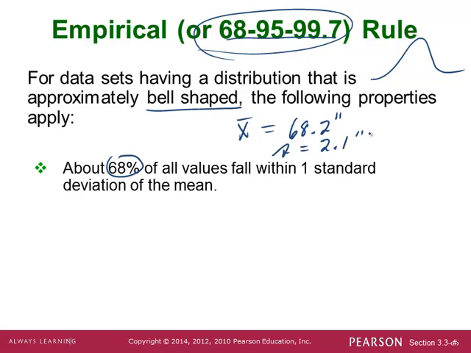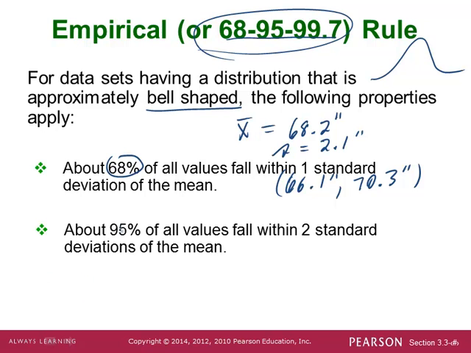Well, I could tell you that about 68% of the guys in my sample will have a height between, take 68.2 minus 2.1, you get 66.1 inches on the low end. 68.2 plus 2.1 is 70.3 inches. So about 68% of the guys in my sample will have a height between 66.1 and 70.3 inches.